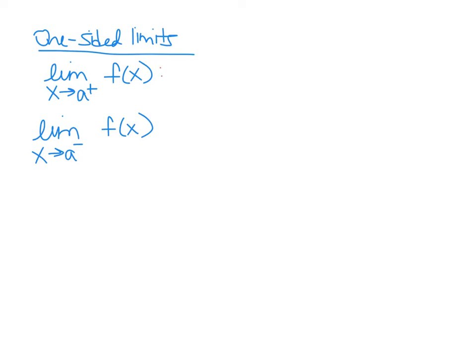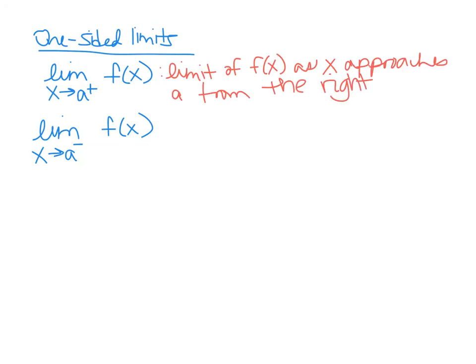So the first one, if I have a positive, this is going to be the limit of f of x as x approaches a from the right-hand side. And you might be able to guess that the bottom limit is the limit of f of x as x approaches a from the left-hand side.